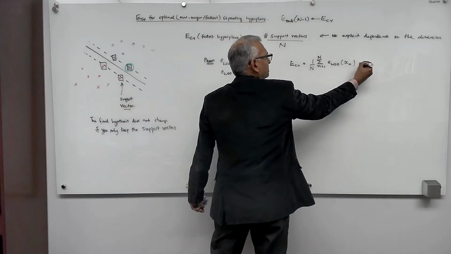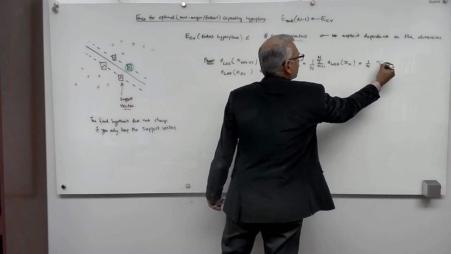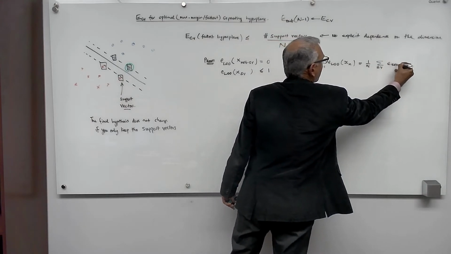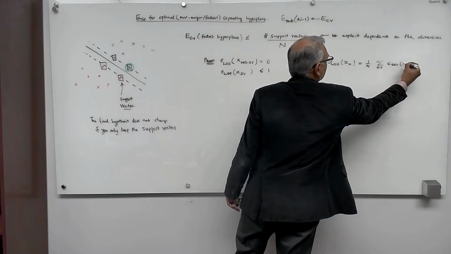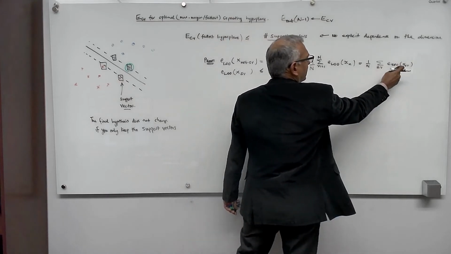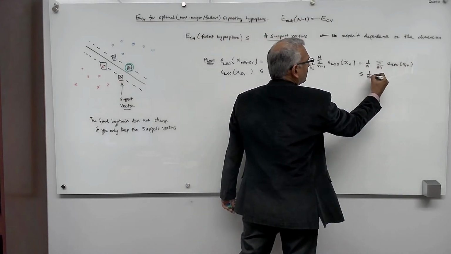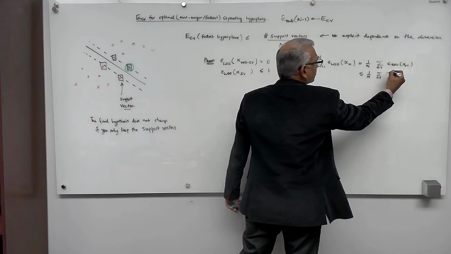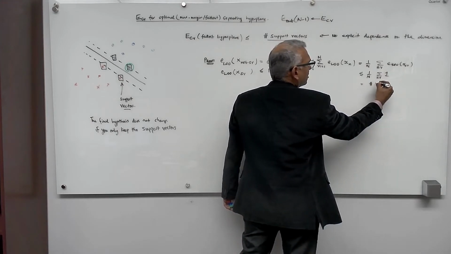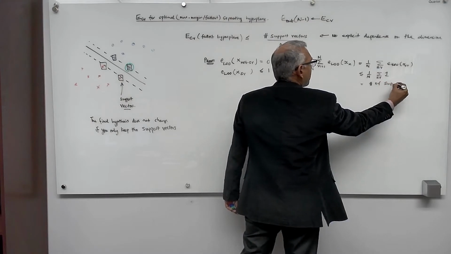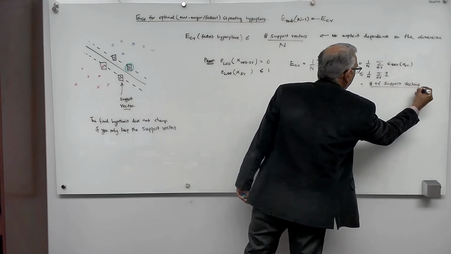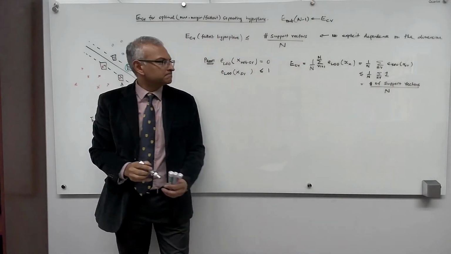So this is equal to 1 over N, the sum over the support vectors of the leave one out error for the support vector. But that is at most 1. So this is at most 1 over N, the sum over your support vectors of 1. But this just counts the support vectors. So this is equal to the number of support vectors divided by N. End of proof.